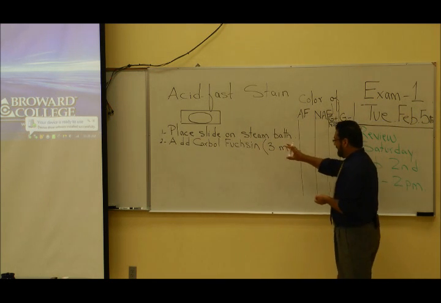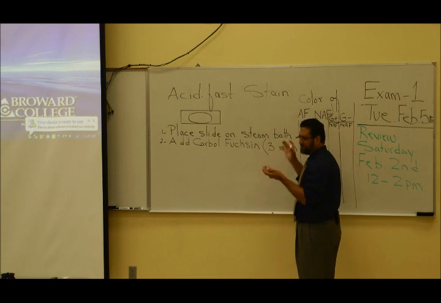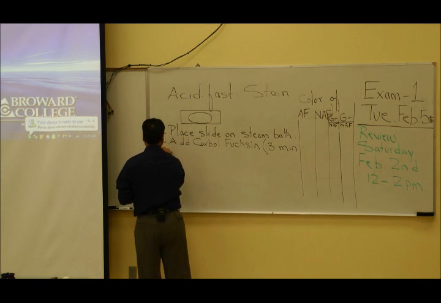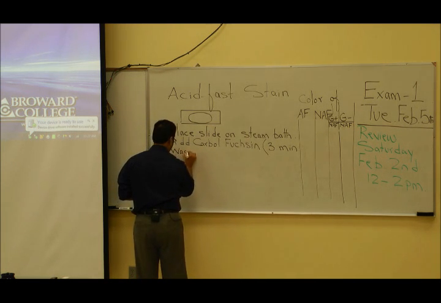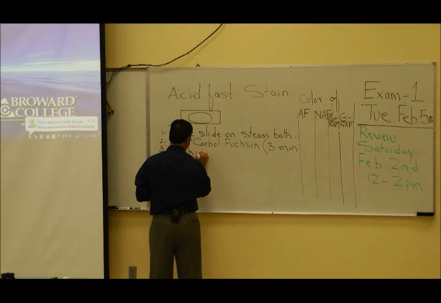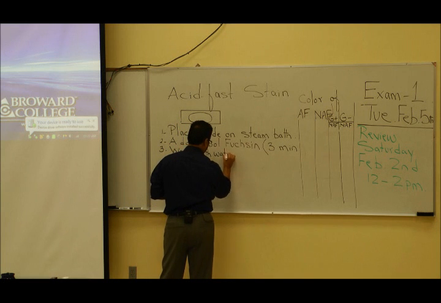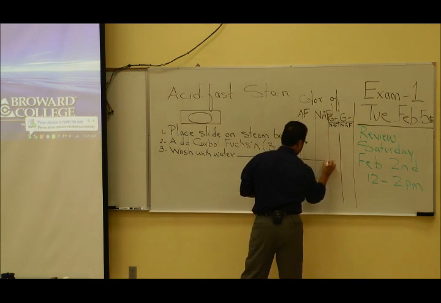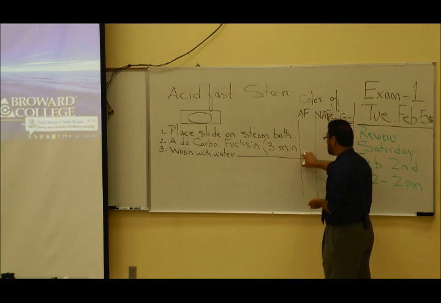After 3 minutes, some books may say 5 minutes, but 3 minutes is good enough. You wash it with water. So what is the color of acid-fast bacteria after the primary stain?